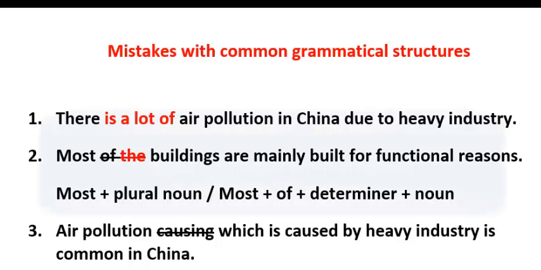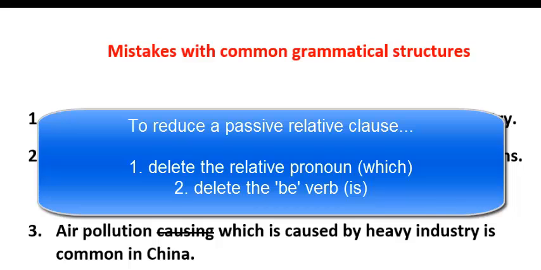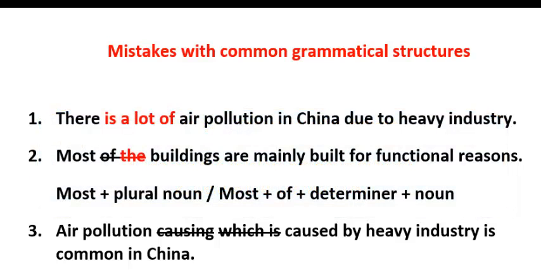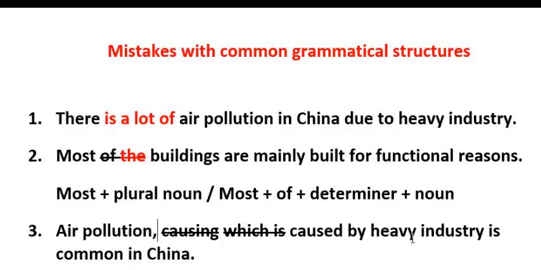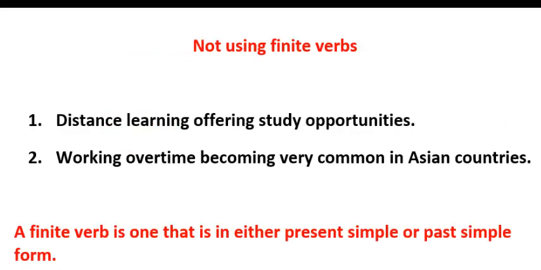Now, if I want to reduce a relative clause, all I have to do in the case of a passive relative clause like this one is cross out the which, the relative pronoun, cross out the be verb, and I'm left with caused. So air pollution, comma, caused by heavy industry, comma, is common in China. Let's put those commas in. And this is a reduced relative clause.